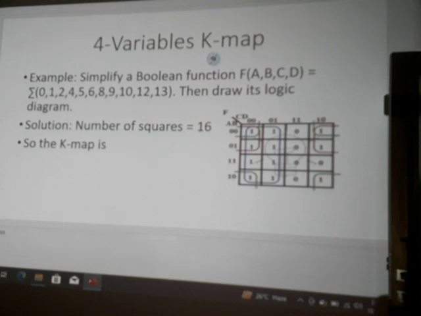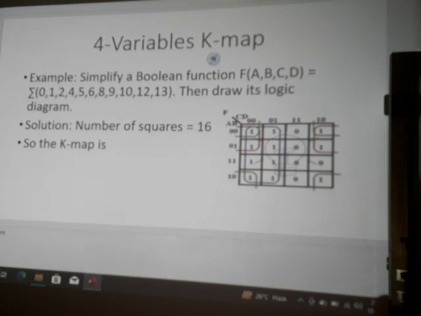Now we draw K map of 16 squares because we have 4 variables and the total number of squares will be 2 raised to the power 4. In the figure we have drawn K map having 16 squares. Now in the given function, if a minterm is M0, in the particular square we write 1.